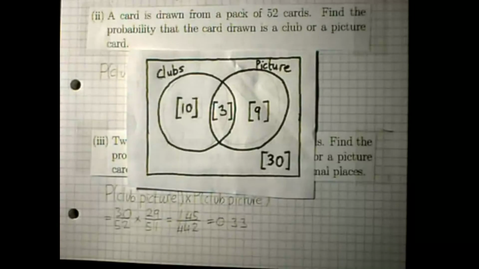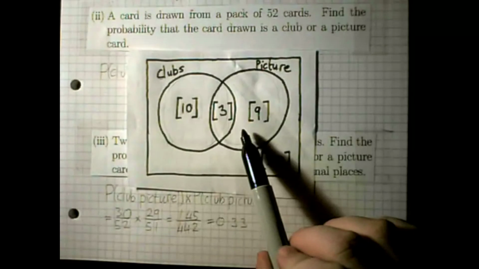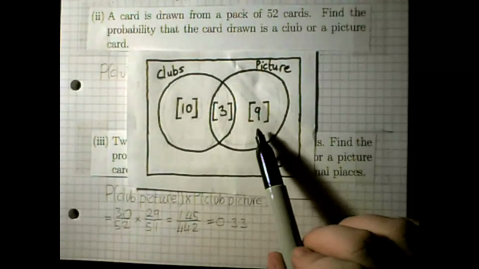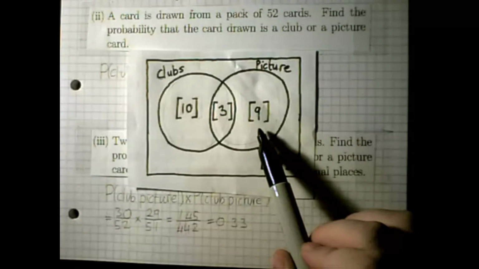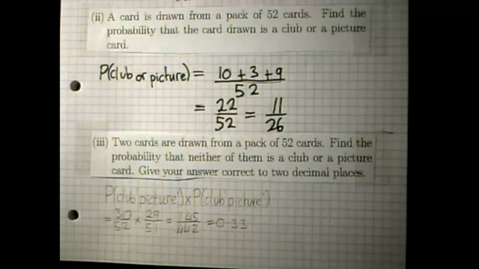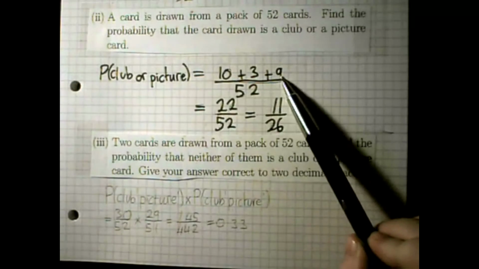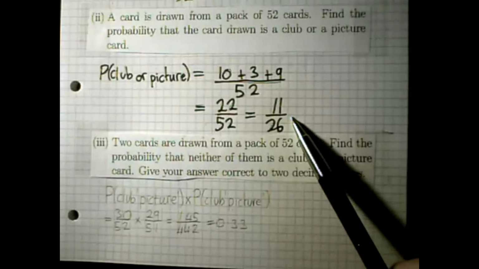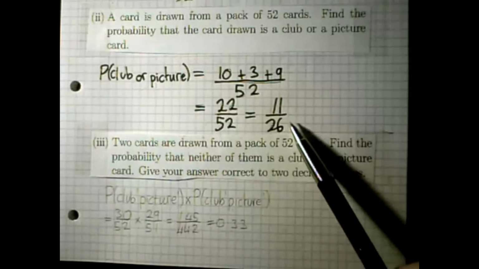The next question is that a card is drawn from a pack of 52 cards, and you have to find the probability that the card drawn is a club or a picture card. Well, these are all the scenarios in which you get a club or a picture card. There are 10 plus 3 plus 9 of them out of the whole deck of 52. The final probability then is just 10 plus 3 plus 9 divided by 52, and when you simplify that you get 11 divided by 26.